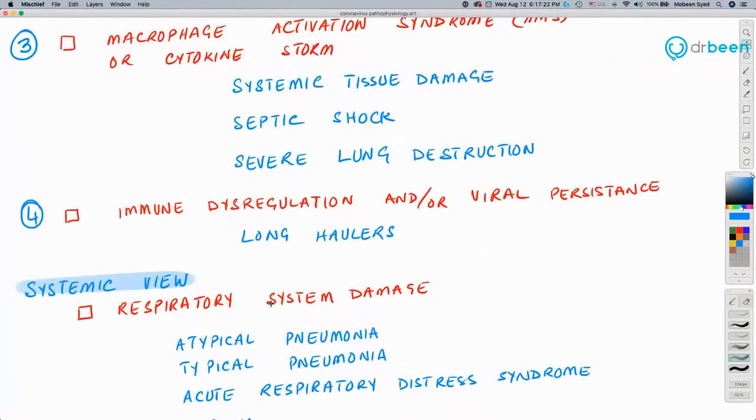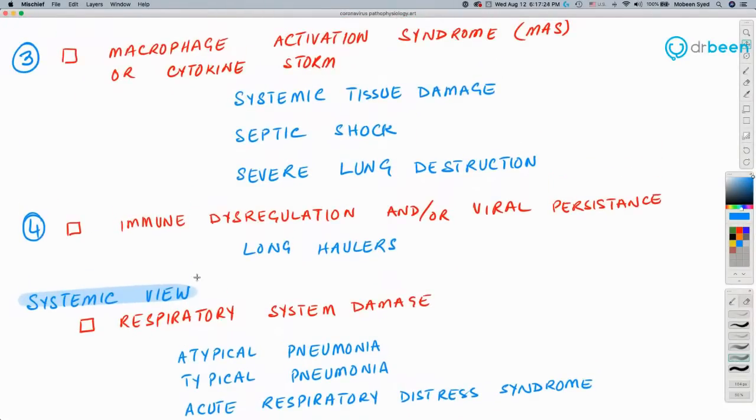The fourth category is the immune system dysregulation that continues even after the person has recovered, or probably the virus continues to persist even when the person's symptoms have recovered, and that results in long haulers.